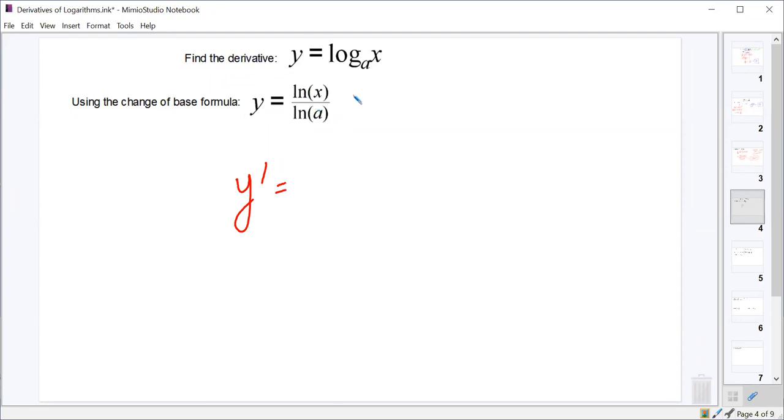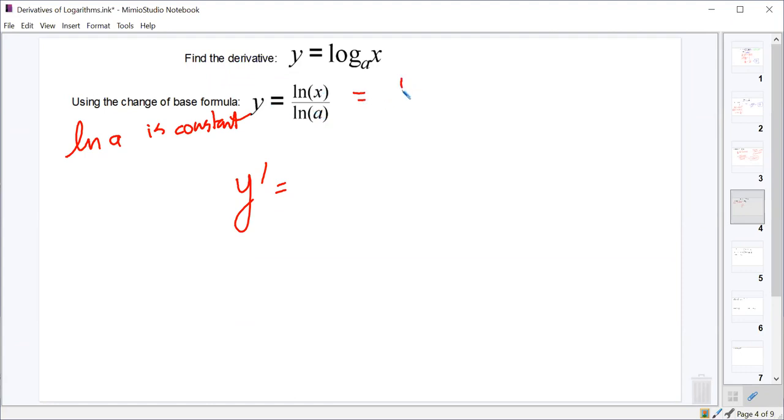The derivative should be 1 over a. Is a constant. It's a constant, right? Natural log of a is a constant. The natural log of any number is a constant, right? The natural log of x is not a constant because it's got an x in it, but the natural log of a is a constant because a is a number and the natural log of a number is still just a number.